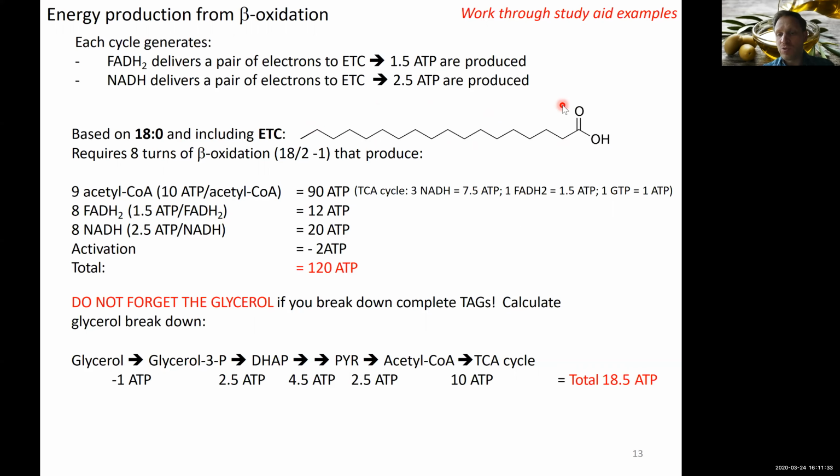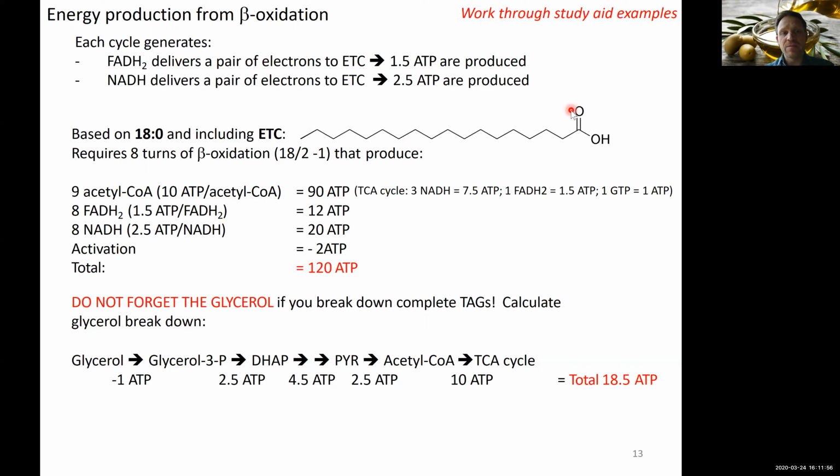Those don't have to go through beta oxidation anymore. So how you can calculate the turns is that you simply take the number of carbons of your fatty acid, divide it by 2 and subtract 1. This is the number of rounds of beta oxidation that it will take. So in the case of our 18:0 fatty acid here, it would be 8 rounds or turns of beta oxidation.